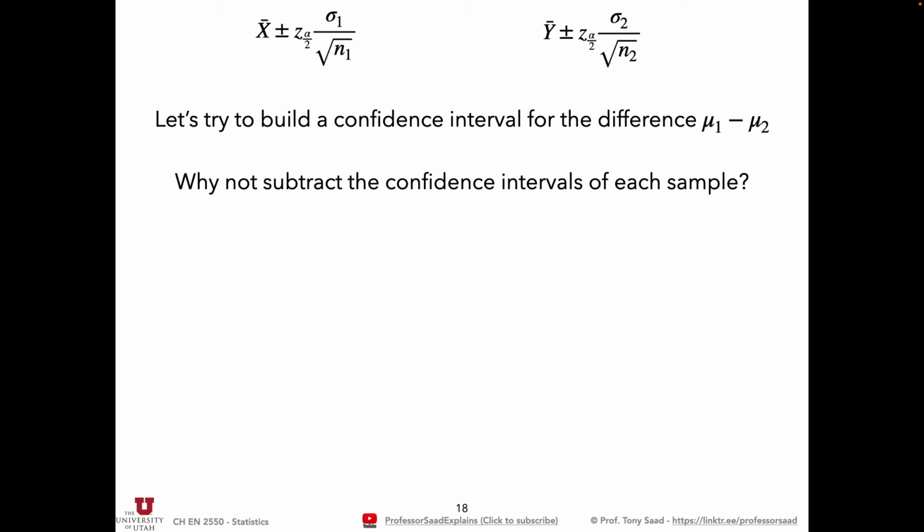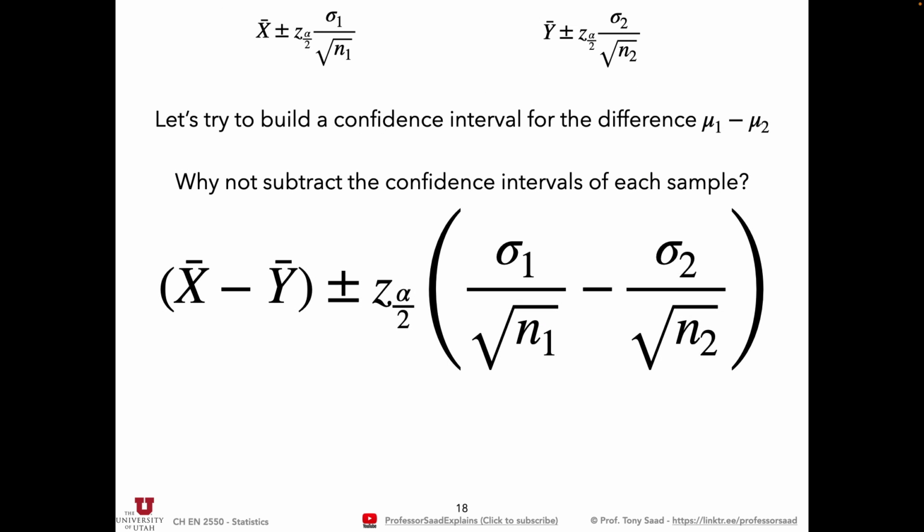If I just subtract them from each other, I get X bar minus Y bar. So I get mu1 minus mu2 is between X bar minus Y bar plus and minus Z alpha over 2, sigma 1 over square root of N1 minus sigma 2 over square root of N2. It looks similar to our original formula, Z alpha over 2 sigma over square root of N, right? It looks similar.